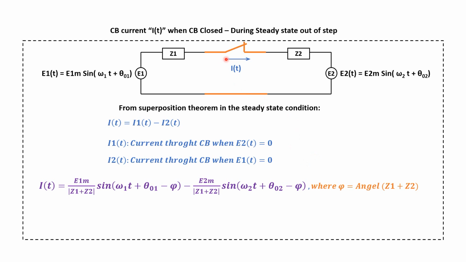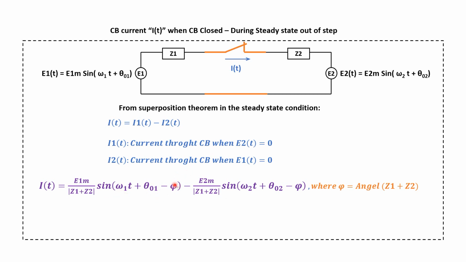we should select an arbitrary direction for the current. For example, now we use this side to this side, and then again with superposition, we put zero value here and calculate the current in this way, minus putting zero value in this source and calculating the current in this way, and then the summation will be two currents minus each other.